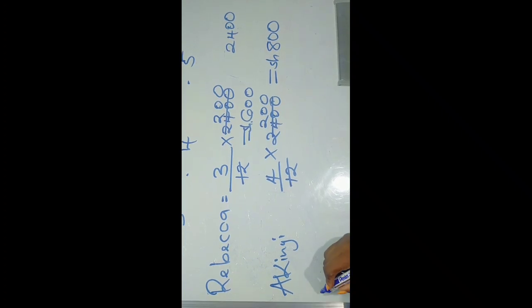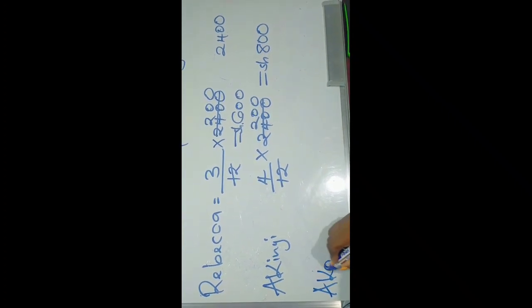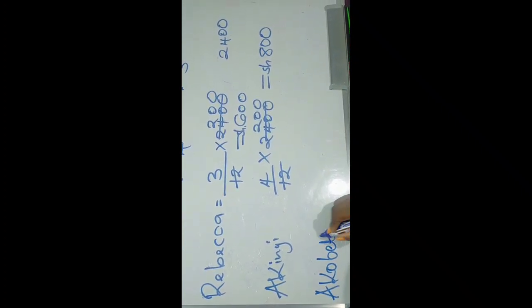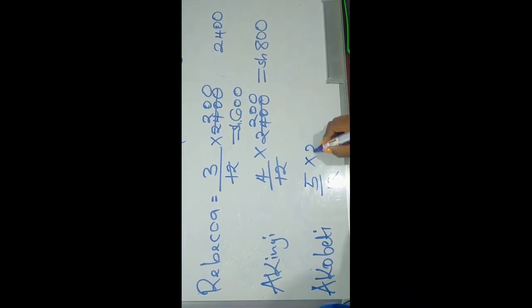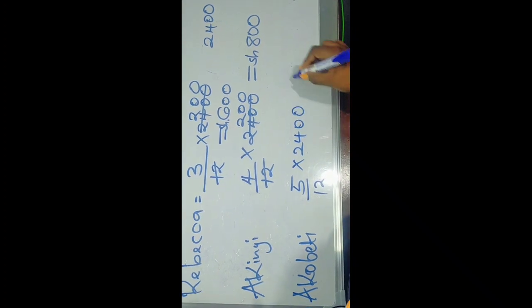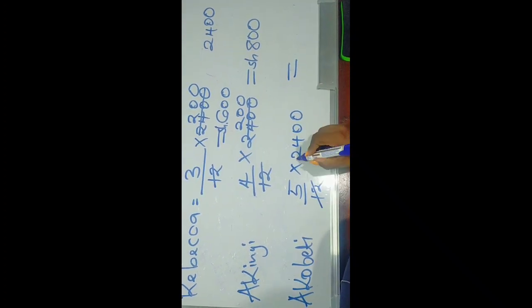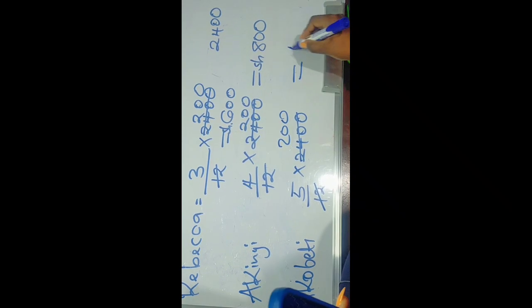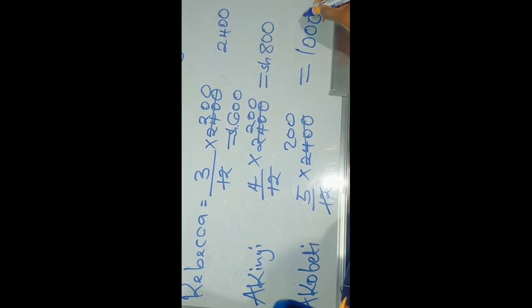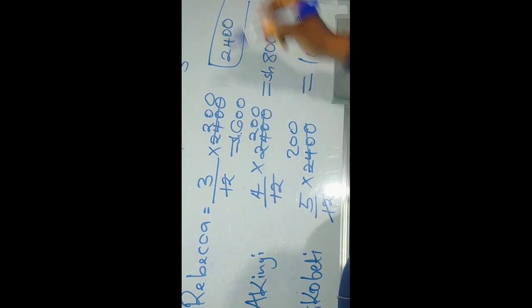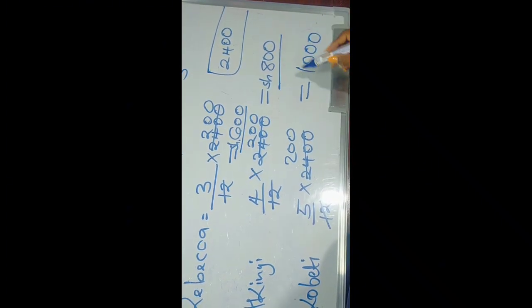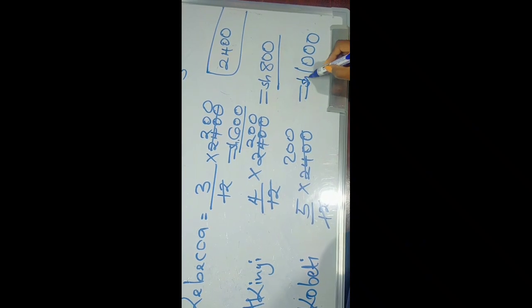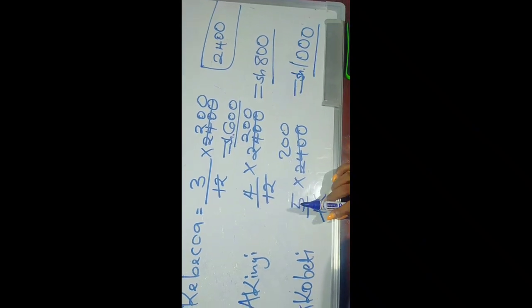And finally, Akobeti, who had 5 over 12 times 2,400, would get 200 times 5, which is 1,000. So Rebecca would get 600, Akinyi 800, and Akobeti 1,000 shillings.